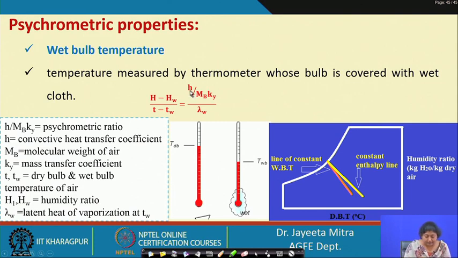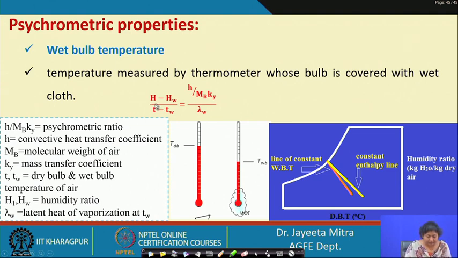So, that can be considered as h into (T minus Tw). h is the convective heat transfer coefficient, and T minus Tw, T is the temperature of the dry bulb and Tw is the temperature of the wet bulb condition. So, (T minus Tw) into h will be equated with the amount of moisture which is evaporated into the latent heat, lambda W.